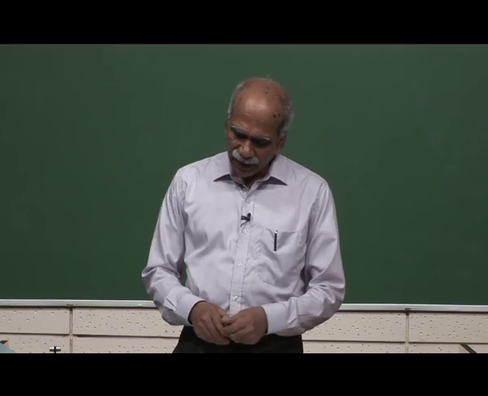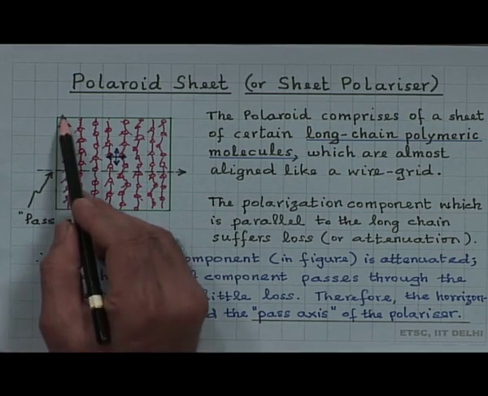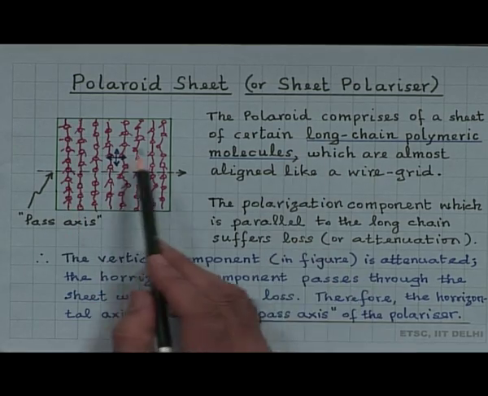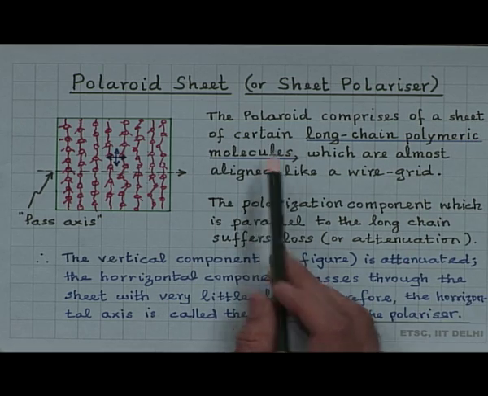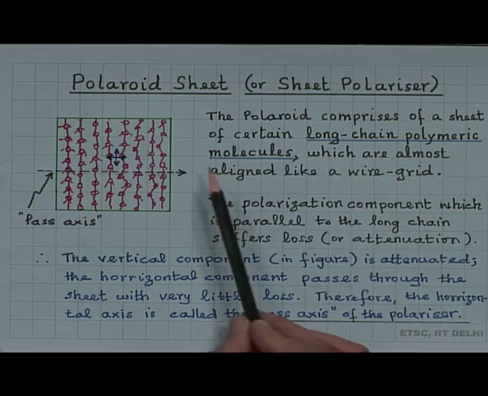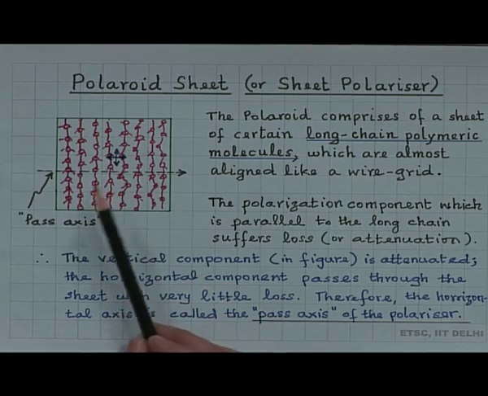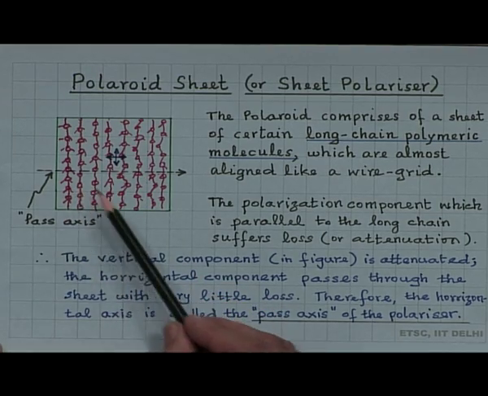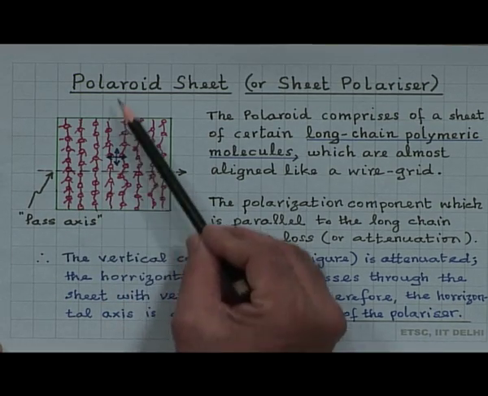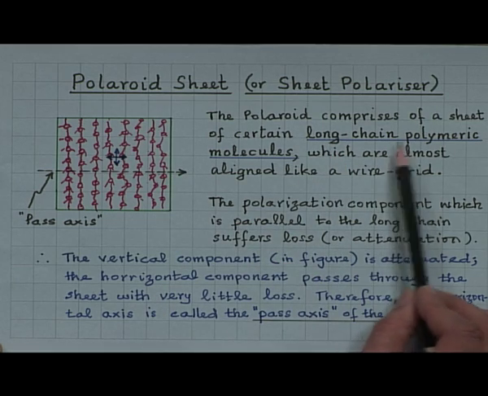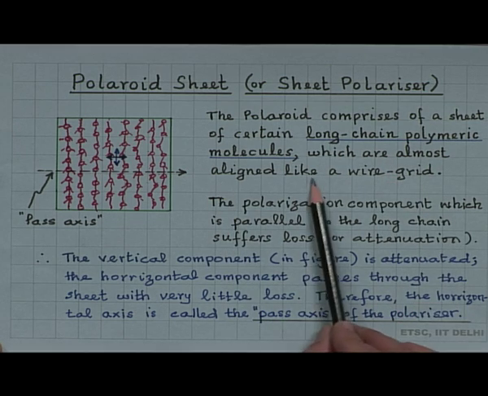So, what I have shown here is a sheet where I have shown some molecules. The Polaroid comprises a sheet of certain long chain polymeric molecules. These are polymers actually. Polymers are long chain molecules comprising a number of atoms or molecules. So, these are long chain polymeric molecules which are almost aligned like a wire grid.